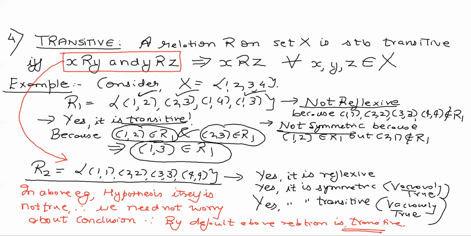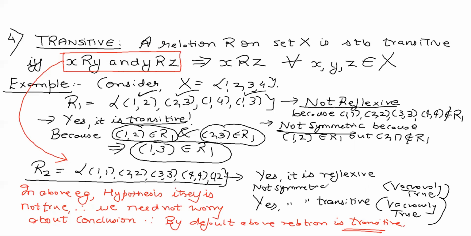So guys, whenever the hypothesis itself is not satisfied, the statement will always be true. When will the statement be false? If the hypothesis is true, but the conclusion is false. So the moment I put (1,2) here, not symmetric.